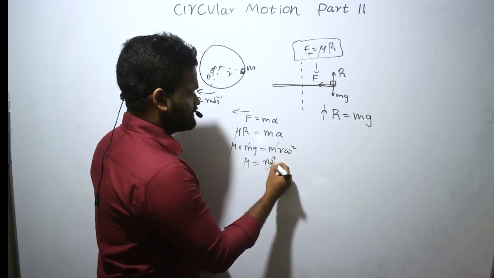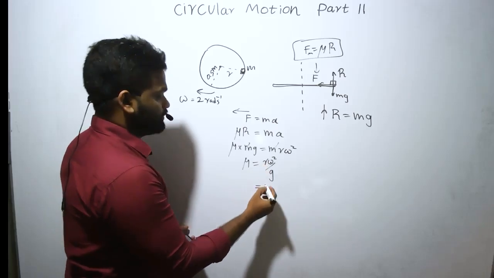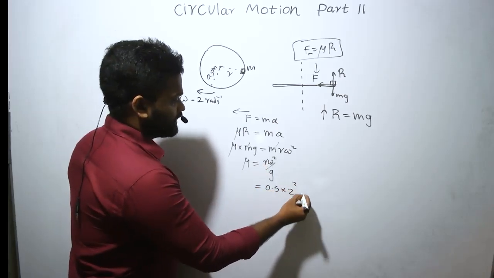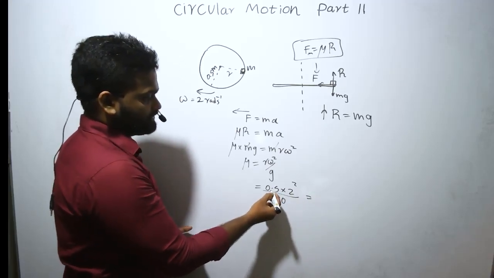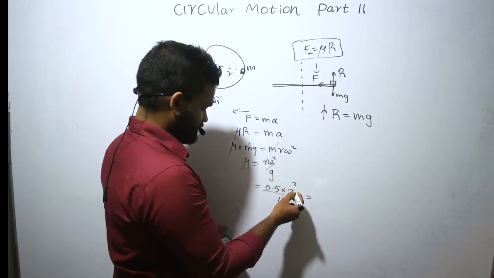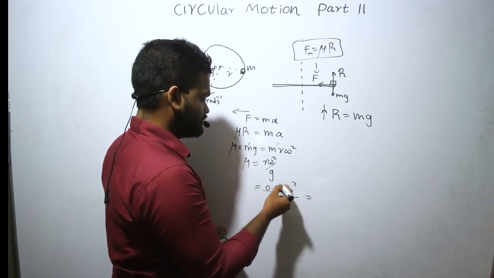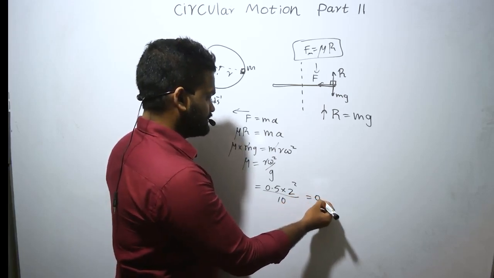Then all you have to do is substitute values. So r is 0.5, omega is 2, squared, divided by 10. When you simplify that, 2 squared means 4, times 0.5 is 2, divided by 10. So you get 0.2.